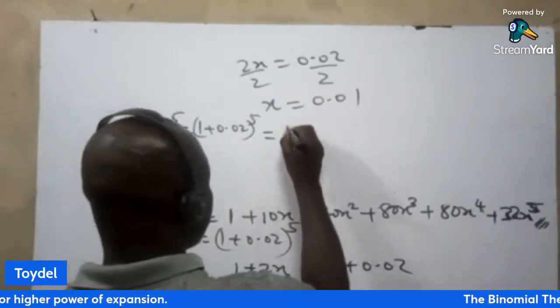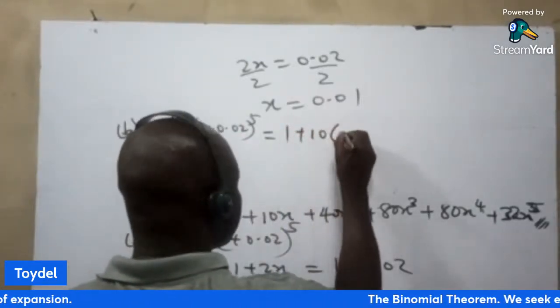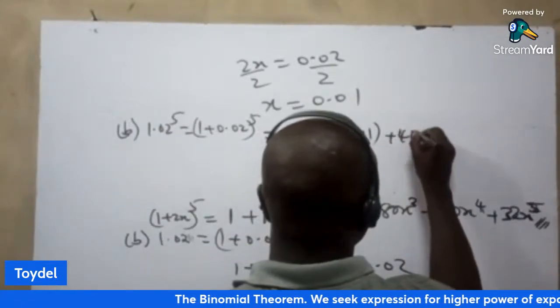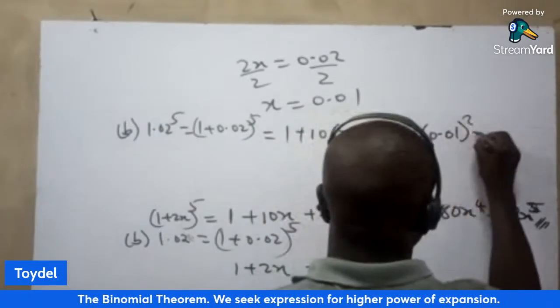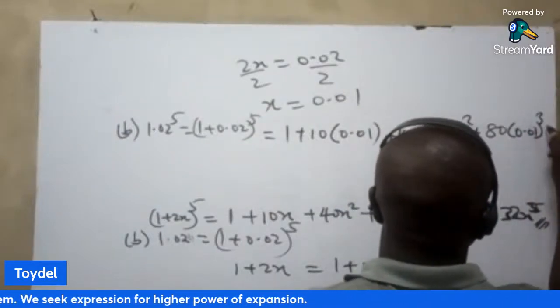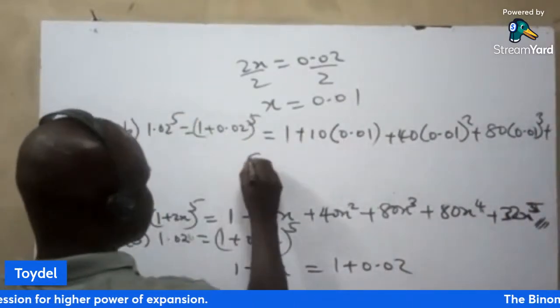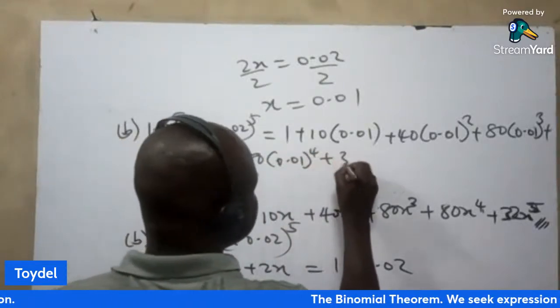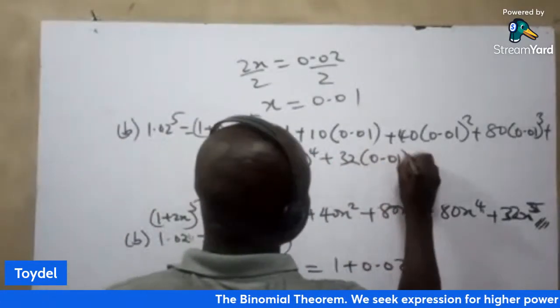So I'm going to have 1 plus 10 multiplied by 0.01 for the value of x, plus 40 into 0.01 all squared, plus 80 into 0.01 raised to 3, plus 80 again into 0.01 raised to 4, plus 32 into 0.01 raised to 5.